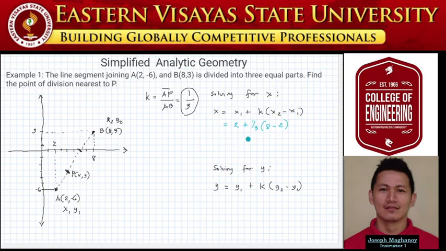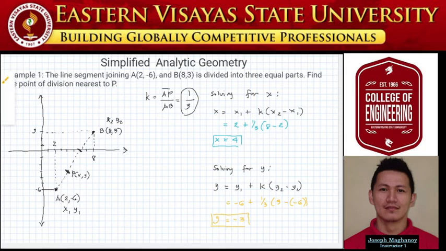So finally, our x is equal to 4. And solving for y, y sub 1 is negative 6 plus 1/3 times the quantity y sub 2, which is 3, minus negative 6. Okay, so your y is equal to negative 3.